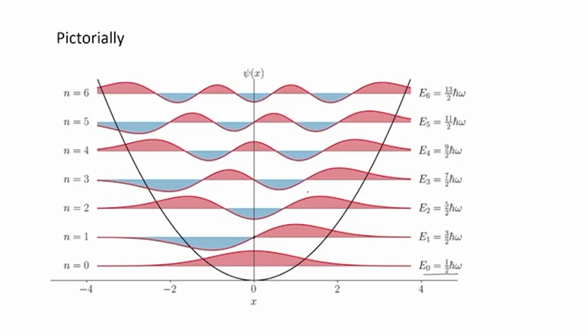Then there are 3 nodes, 4 nodes, and so on. So n is called a quantum number because it distinguishes different states, including the ground state, the first excited state and the second excited state.